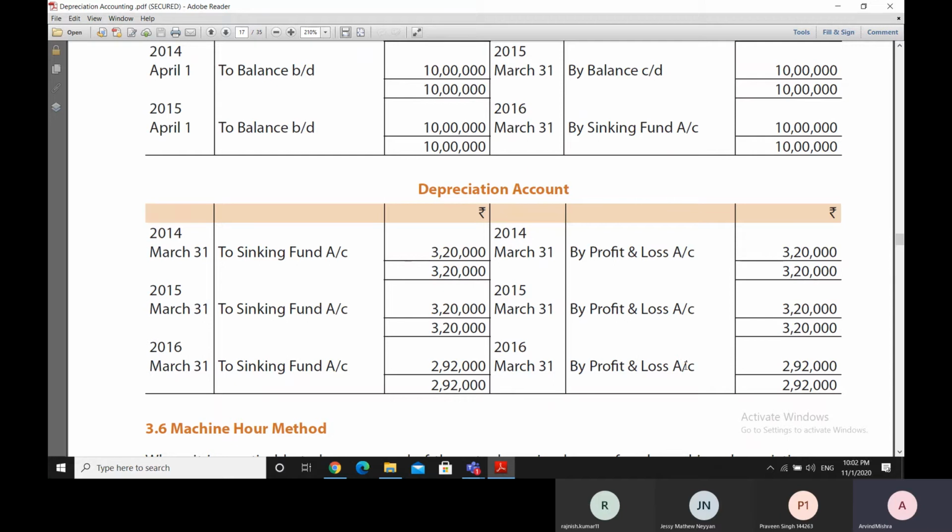And in the third year, an amount of 2,92,000 rupees, which was a balancing figure that was required to raise the lease amount of 10 lakh rupees, is debited to the depreciation account and credited to the sinking fund account.